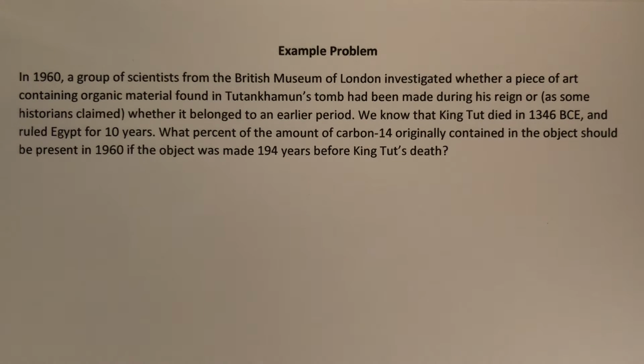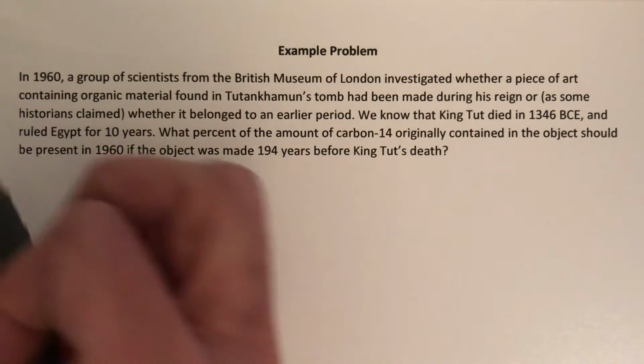We know that King Tut died in 1346 BCE and ruled Egypt for 10 years. What percent of the amount of carbon-14 originally contained in the object should be present in 1960 if the object was made 194 years before King Tut's death?